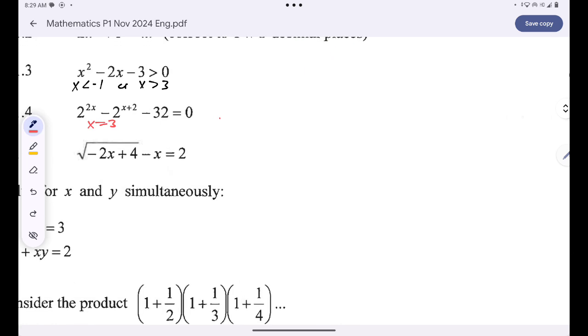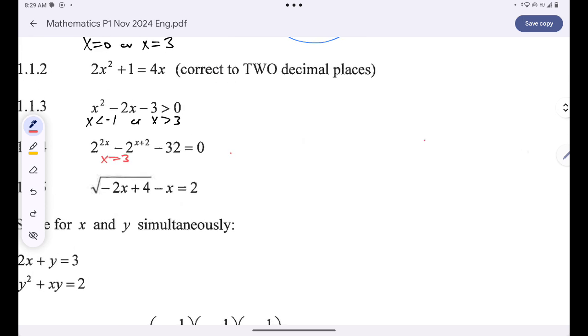Okay, I'm solving x and I have said, né? I'm given the square root of negative 2x plus 4 minus x is equal to 2. The first thing, guys, I need to do is to make sure that I remove this surd. Are you together? But before I do that, I must start by isolating the surd. That means I must have that surd on one side, and then everything else should be on the other side.